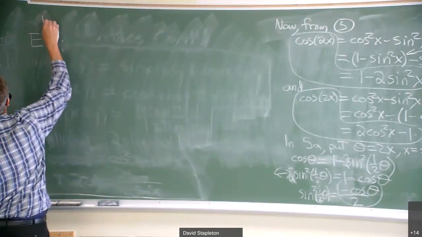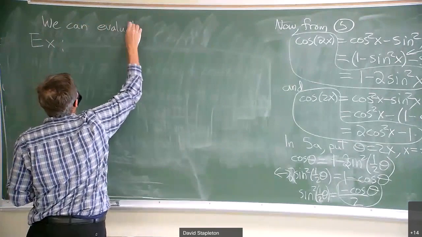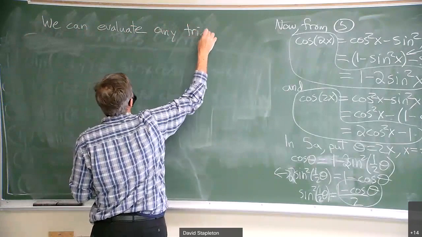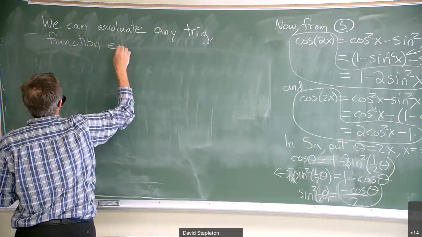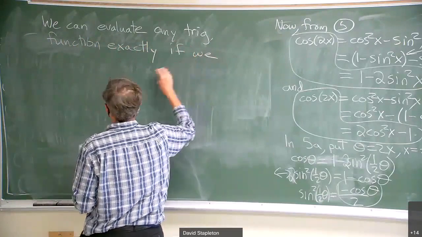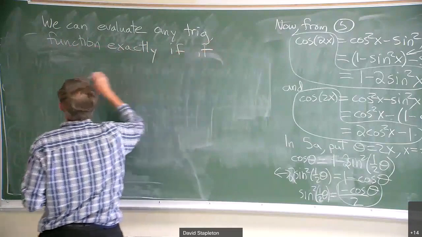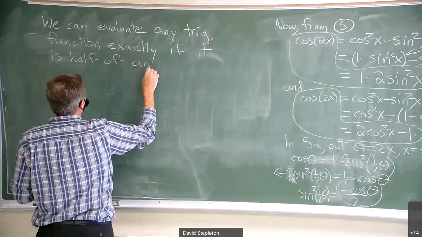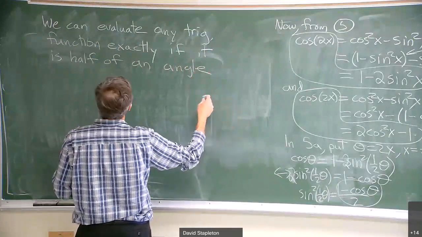So now we can, let's write this out, evaluate any trig function exactly if we know that it is half of an angle, not necessarily a special angle, but an angle that's special, or half of that, or half of that, or half of that.